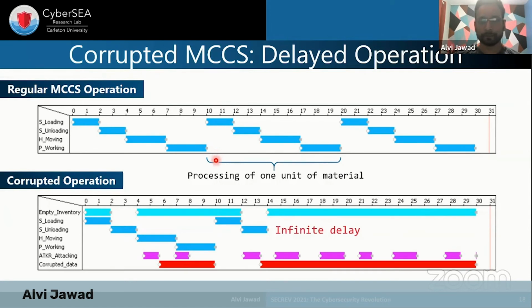Now, what happens in the corrupted operation is we have this attacker that's shown in violet here, and when it's successful, the attacker can corrupt one of the process variables that the agents need in order to operate.